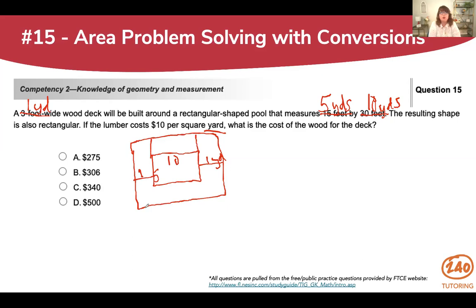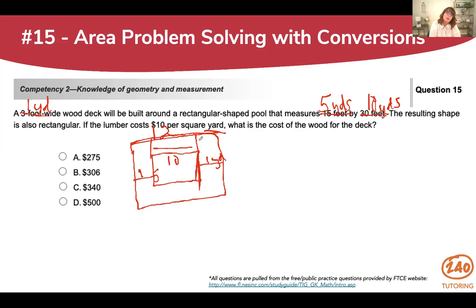So if we look at this and we want to figure these dimensions, all right? If this is 10 and this is 1 and this is 1, I now know the length of this side of the deck is 12. 10, 11, 12. If I want to figure this way, I know this length is 5.